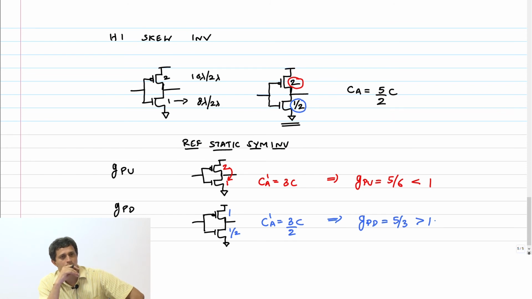Clear? Any questions? So again, like I told you, it depends on the minimum width in the technology, right? Then it also depends on the layout asymmetry and all that. So the numbers that have been suggested in the textbook are typical numbers that are usable practically.